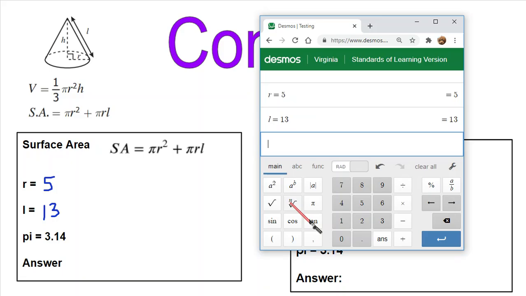So pi, I see it says we want to use 3.14. So I'm going to type in 3.14 r squared plus, I see another pi, so I'm going to put 3.14 r L. And I get 282.6.